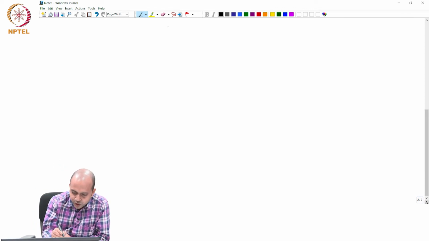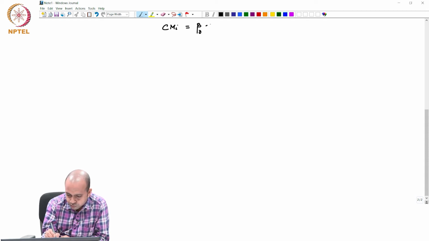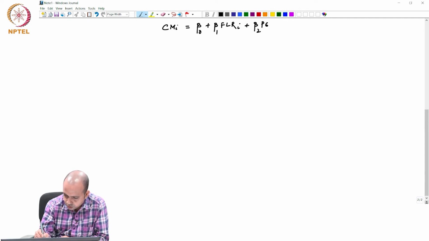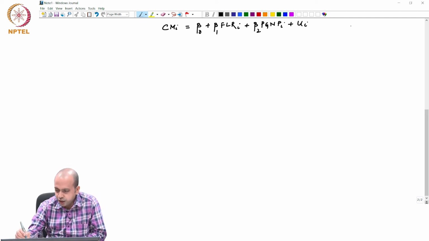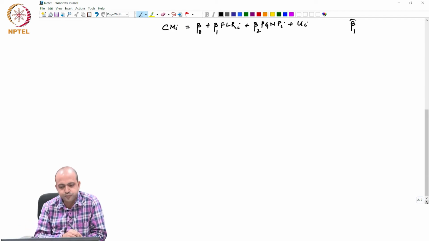So, we will write the model once again here. Child mortality rate equals beta 0 plus beta 1 FLR for the ith state plus beta 2 PGNP for the ith state. So, first we will try to get the impact of beta 1 hat from this model.